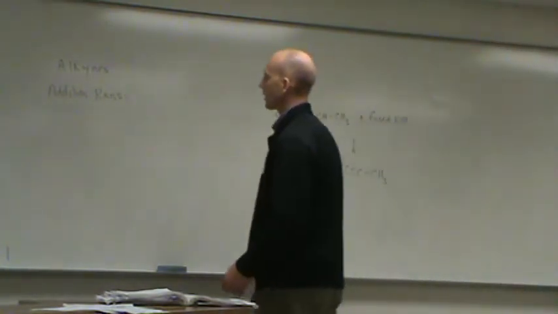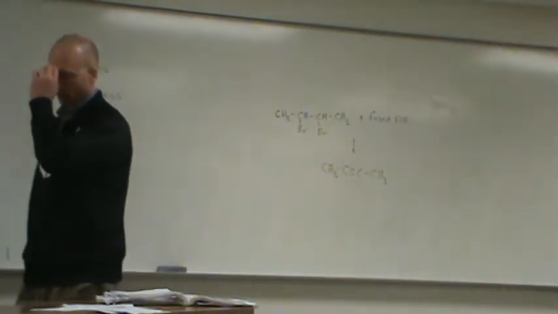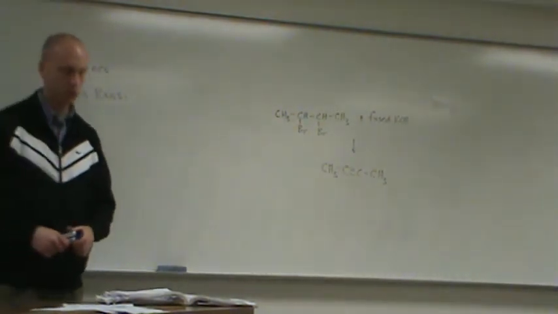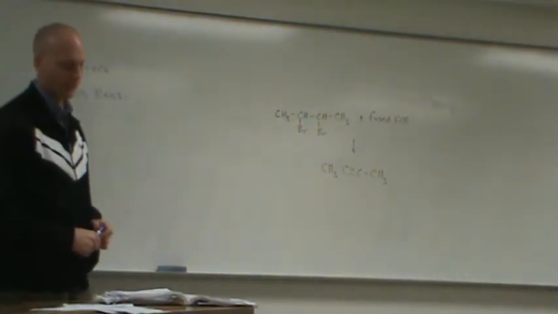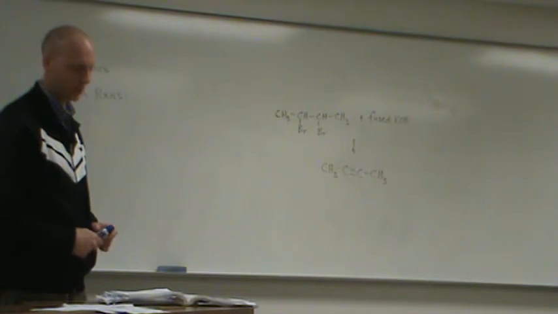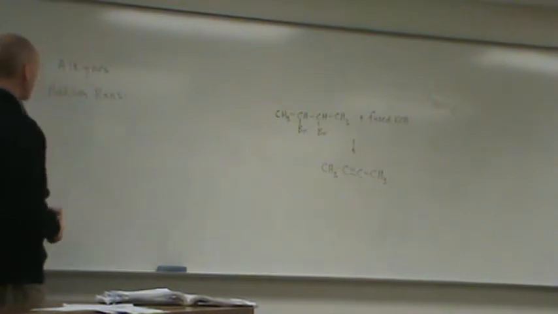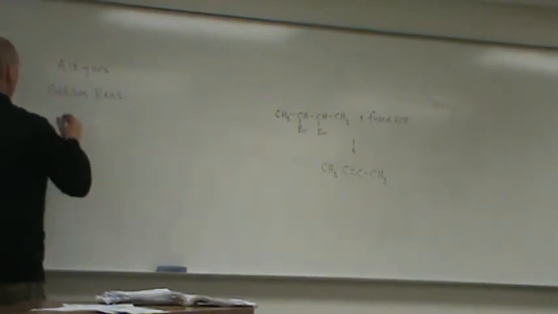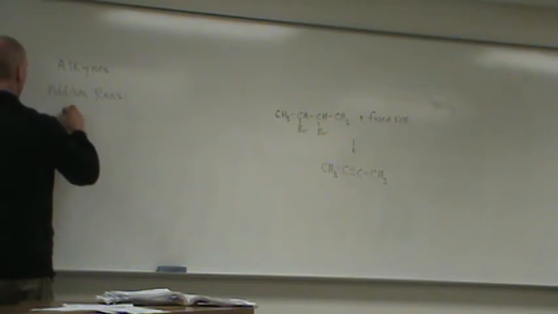Well, alkynes can undergo addition reactions. And if you look on your outline, we're going to look at a series of them. The first one we're going to look at are hydrogenation reactions.